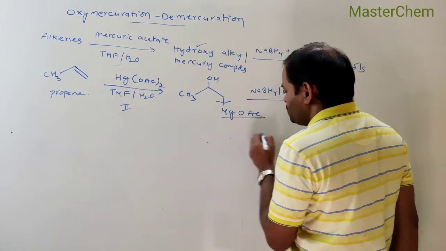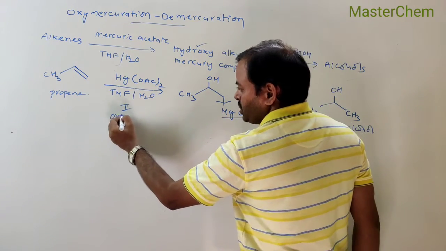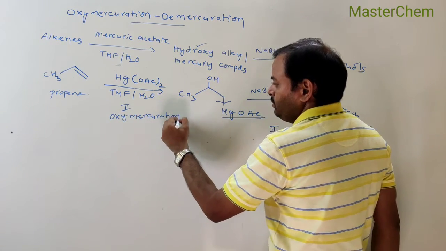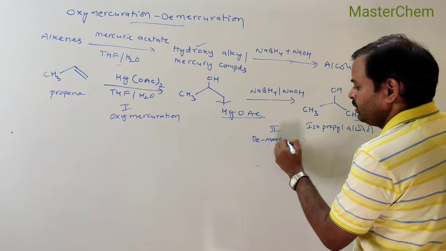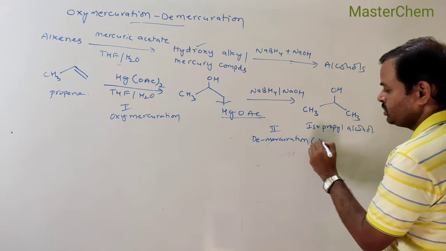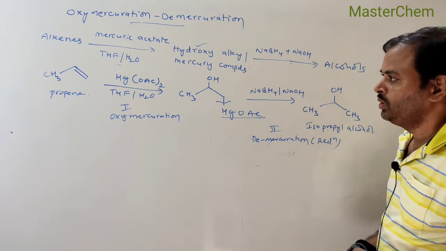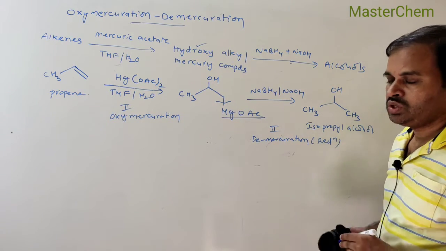This is a two-step process. The first step is called oxymercuration, and the second step is called demercuration or reduction step. So, it completes in two steps.